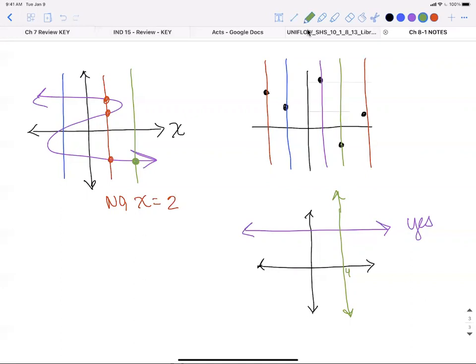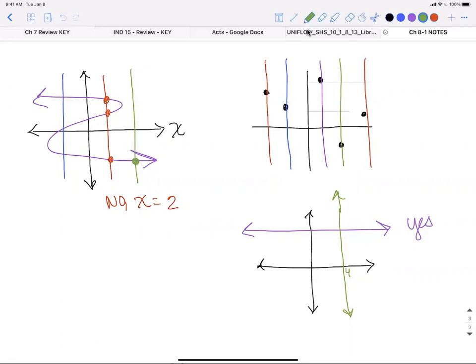Here's why. If I look at my purple line, I pass. Nowhere do I ever have a double touch, right? If I try the vertical line test on my green line, it literally touches in a bazillion places, right? It is a vertical line.